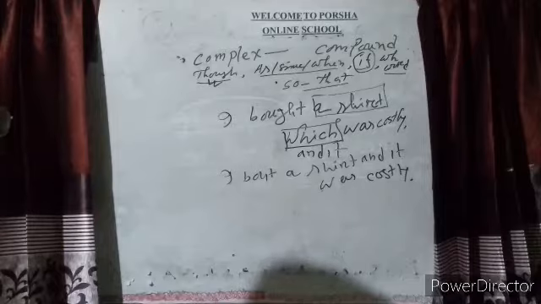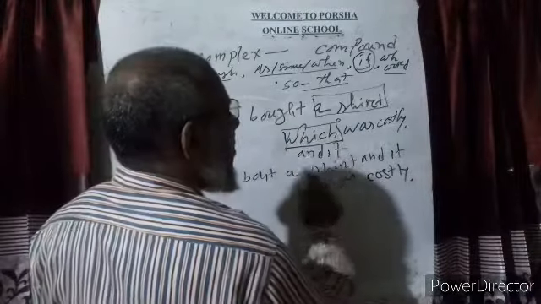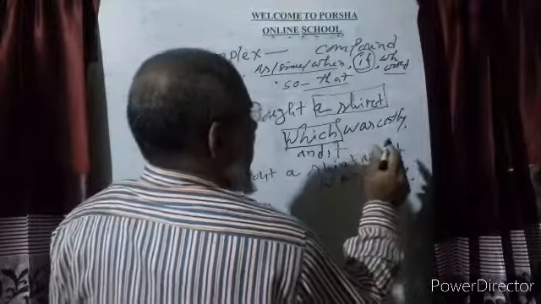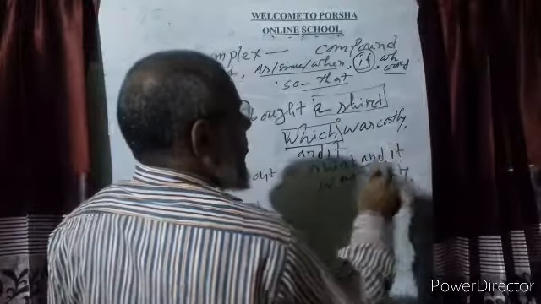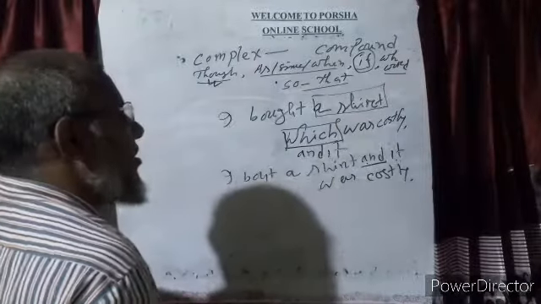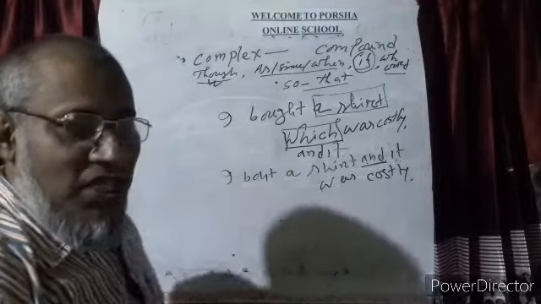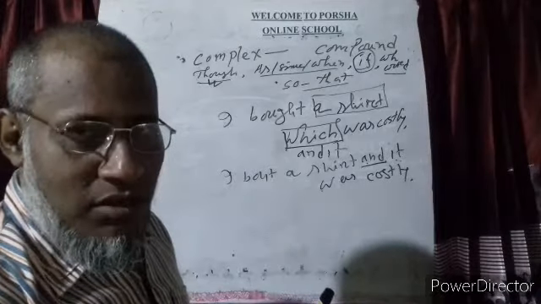This is the compound form of this sentence. In lieu of which, and will be used, and after and the subjective form of the object will be used. Now my dear student, this is a compound sentence, and for this compound sentence we have to check whether the subject is similar in both parts or not.